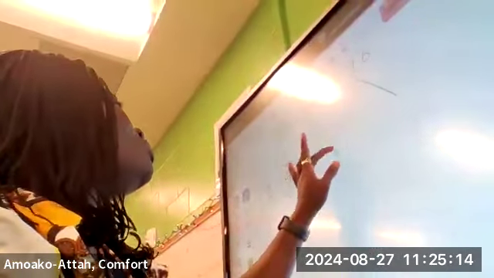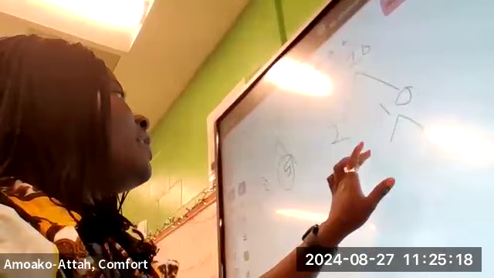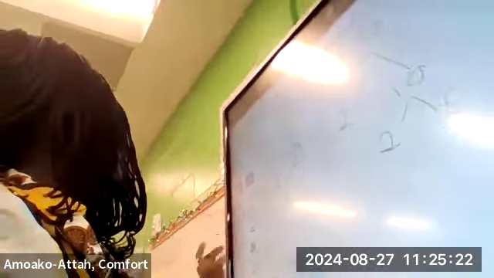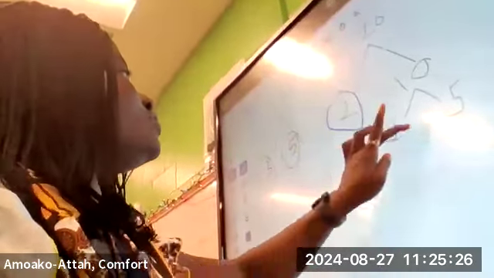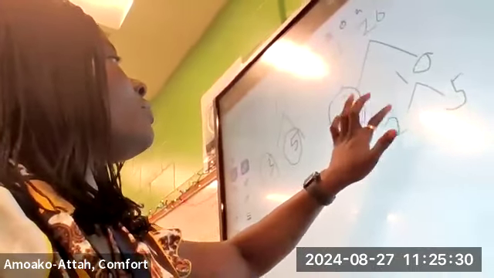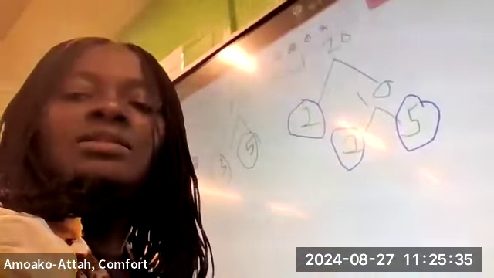So we have 2 and 10. Then we have 2 and 5. Let's circle out our prime factors from this. So we have 2, we have 2, and we have 5. Right, are you seeing it?